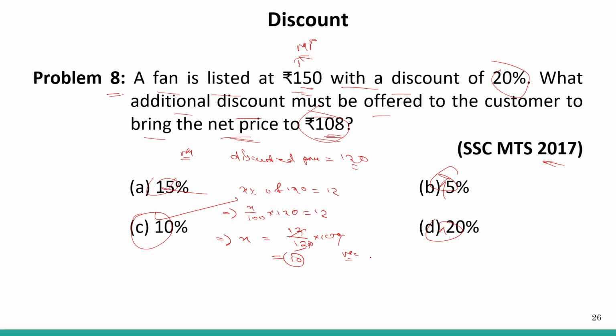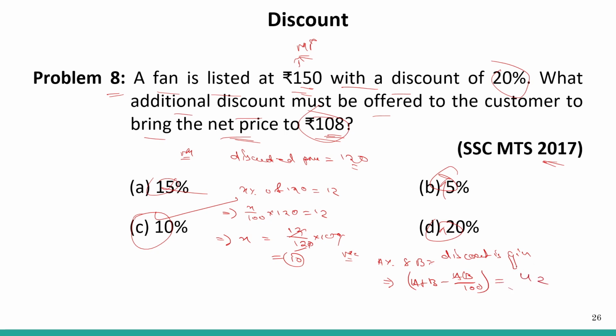Okay, we know a formula about successive discounts, the equivalent discount. That is, if A% and B% discounts are given, then the equivalent discount is A plus B minus AB by 100, which is equal to 42.